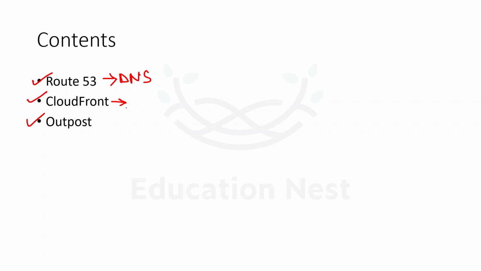Next is CloudFront. CloudFront is the CDN service of AWS. What is CDN? CDN stands for Content Delivery Network. And lastly, we would be discussing Outpost, which is yet another interesting service, which gives us AWS capacity or AWS services on our premises.